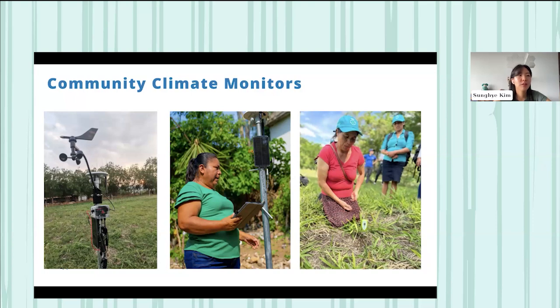In 2023, World Food Program aimed to empower 75 community members in Chiquimula, Zacapa, and Progreso by training them to become climate community monitors to record key data such as precipitation, temperature, humidity, soil conditions, and wind.